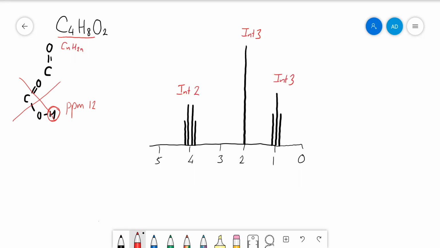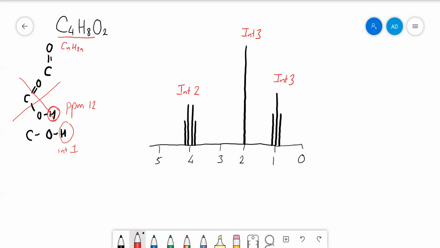Another good thing to look at is, it can't be an alcohol either. The reason why there can't be an alcohol grouping is because this would have an integrated value of 1, wouldn't it? Okay, and we haven't got anything with an integrated value of 1 there.